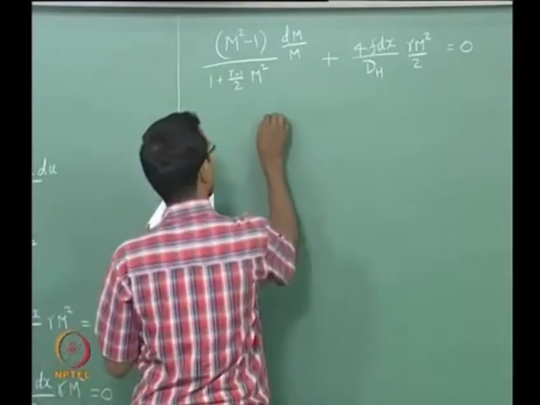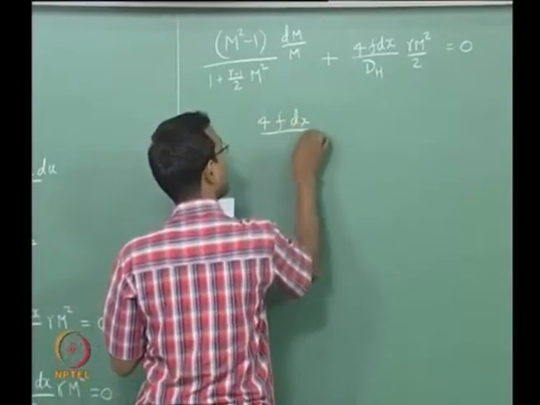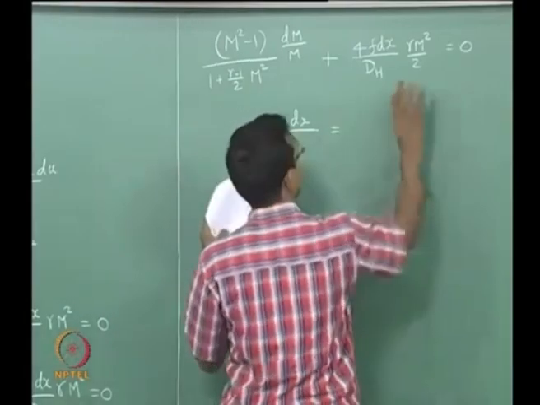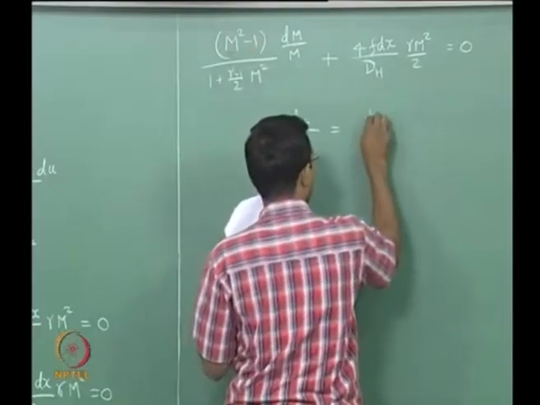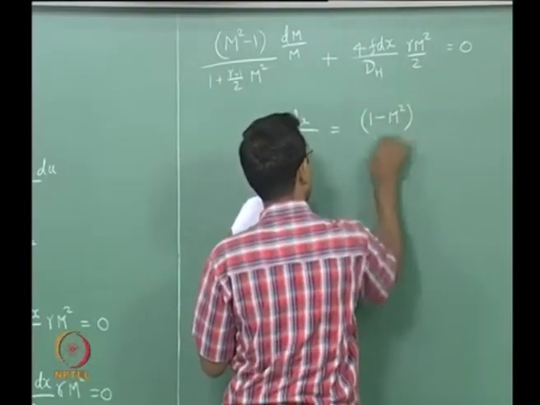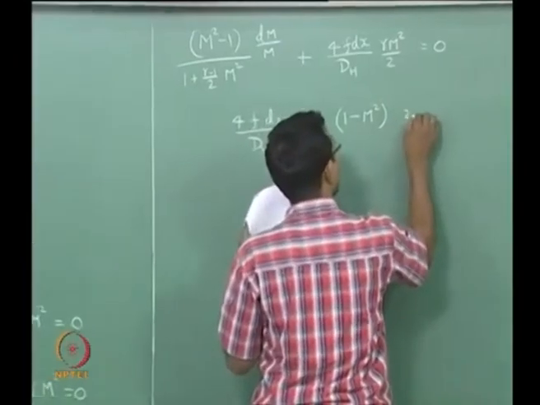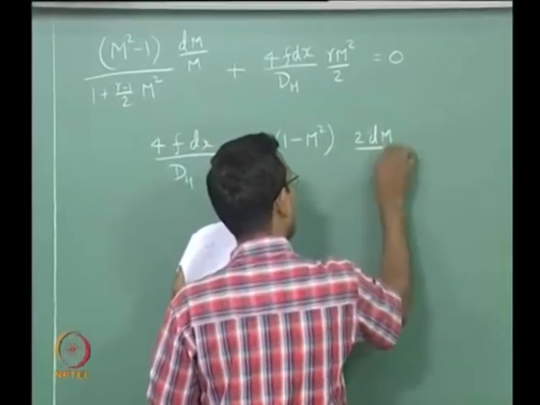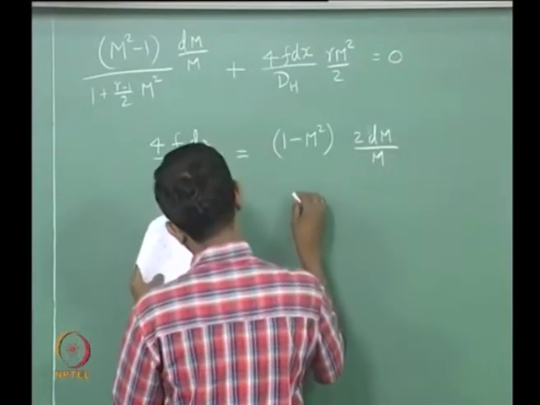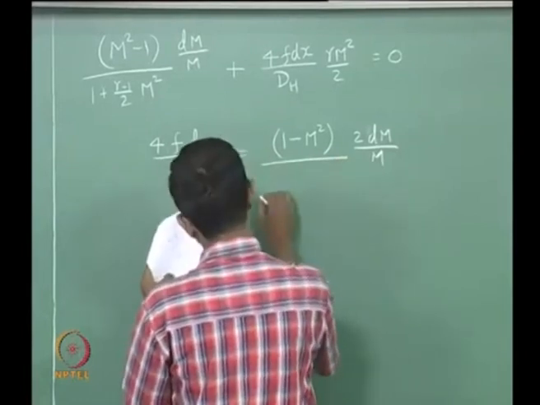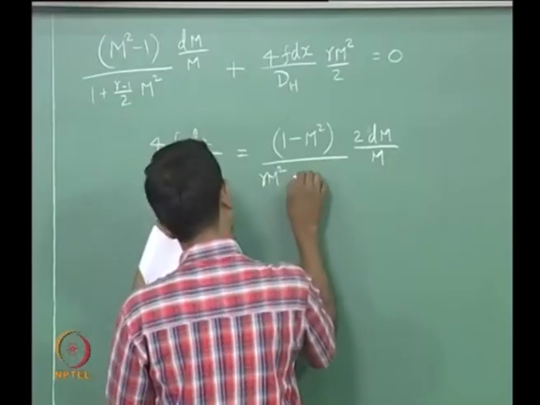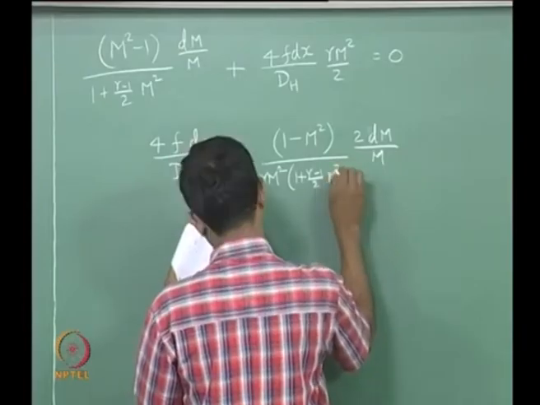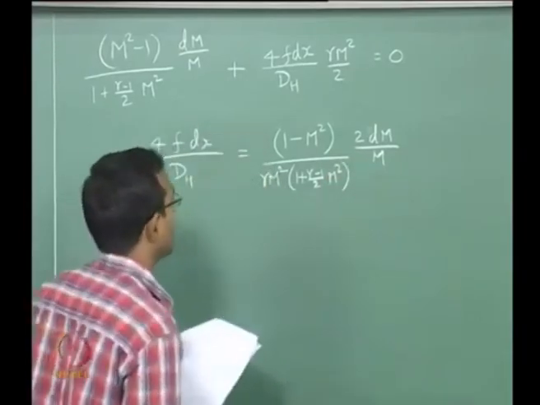So I will get 4f dx by D_h equal to, there is a minus which I will switch over with this M square minus 1, so it becomes 1 minus M square, 2 dM by M, divided by gamma M square times 1 plus (gamma minus 1) by 2 M square. Okay. This is my expression.